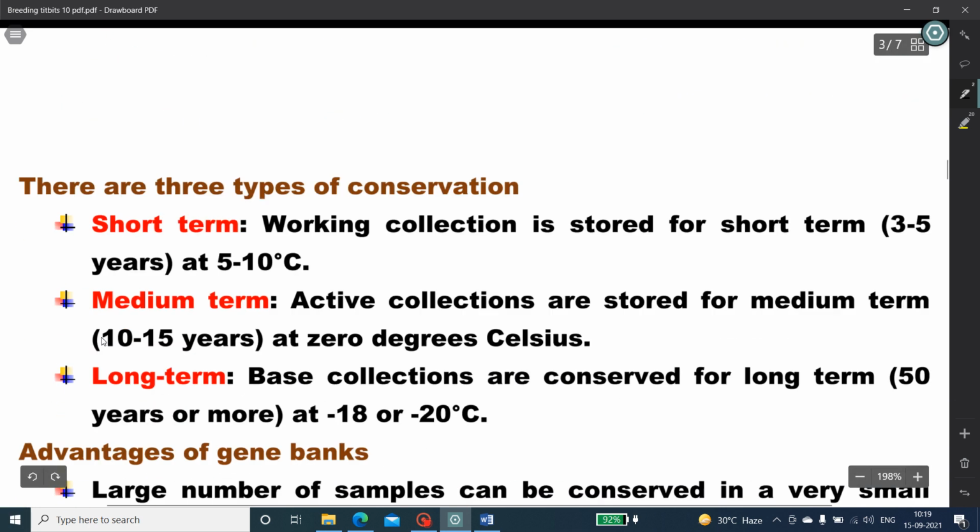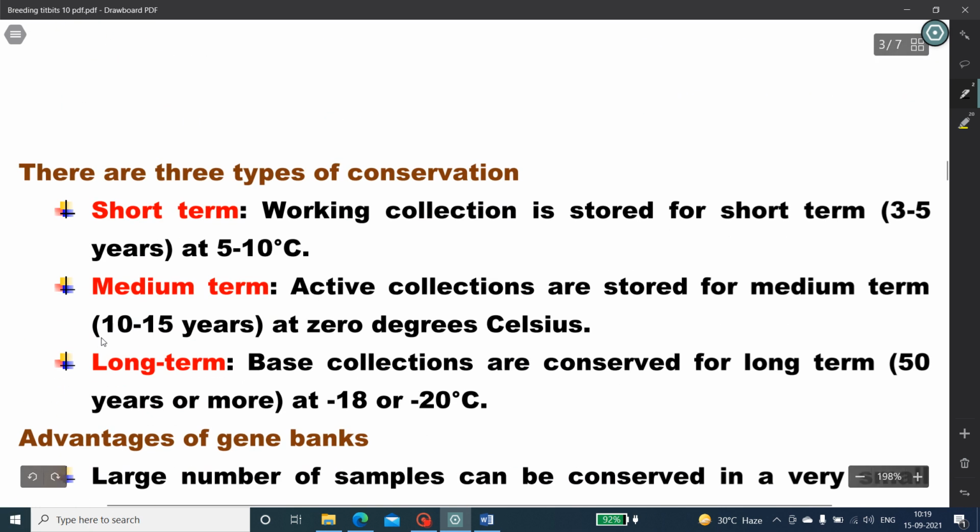And there are 3 types of gene bank conservation. One is short-term conservation, where samples are stored for working purposes, for a very short time, especially 3 to 5 years at 5 to 10 degrees Celsius.